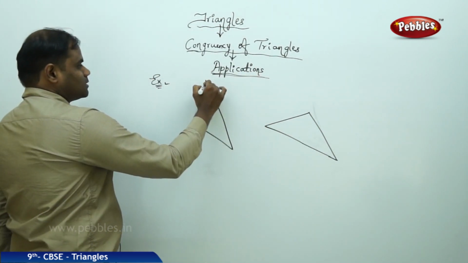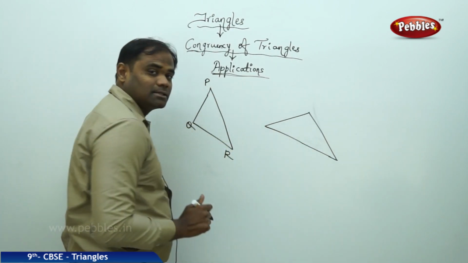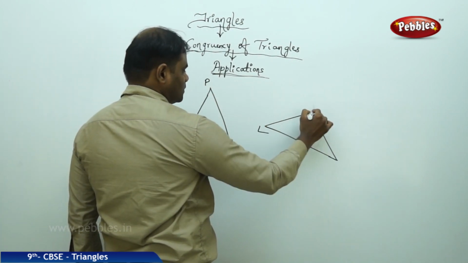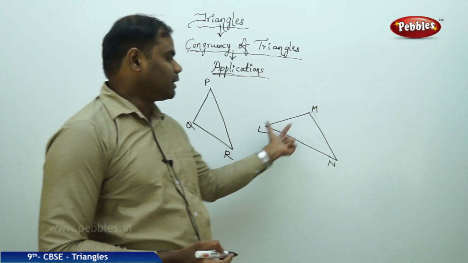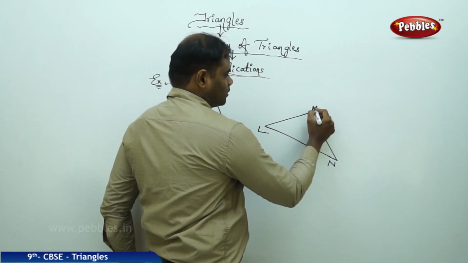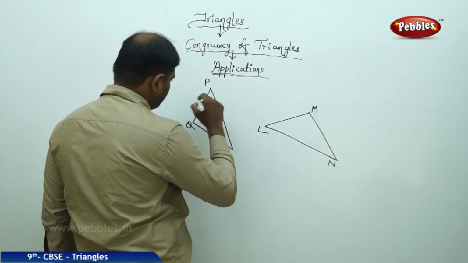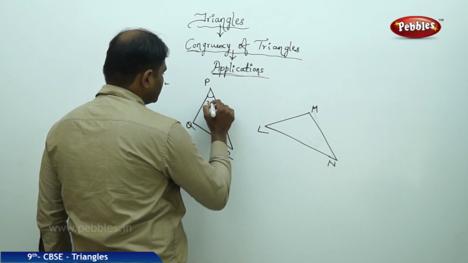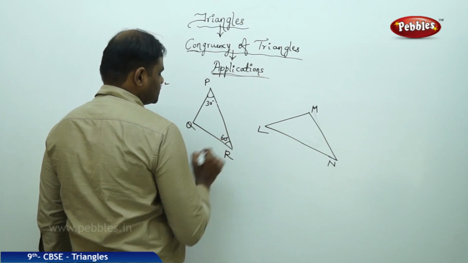I have two triangles here, PQR and LMN, which I need to identify whether they are congruent or not congruent. So let's see. 30, 60.